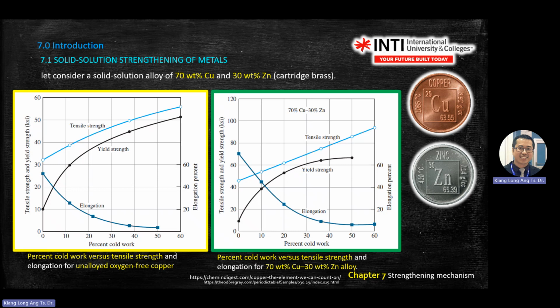Sometimes we purposely draw the graph in the same size, but we change the scale. So look carefully when it comes to test or final exam. Okay. So from left to right, if you do alloying, you see the properties increase. Right, the properties increase.